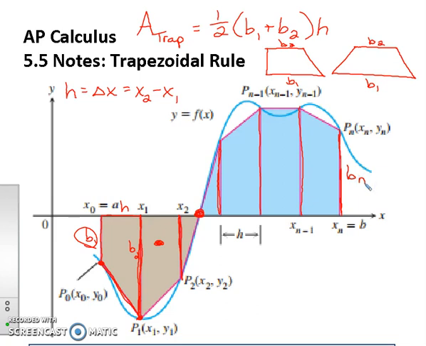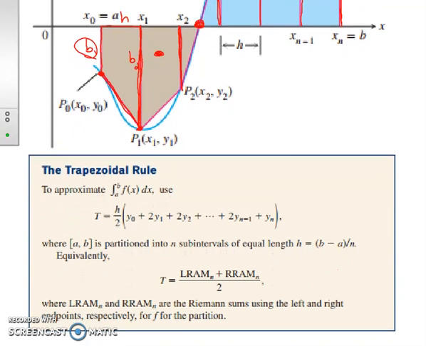As long as your trapezoids are equally spaced, like they are in this picture, then you can actually streamline your rule rather than just doing 1/2 times b1 plus b2 times the height for every single trapezoid and adding them together. You can use this formula right here, as long as your height is consistent for all of your trapezoids.